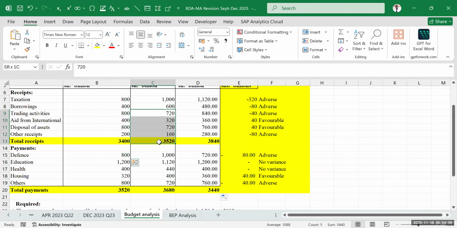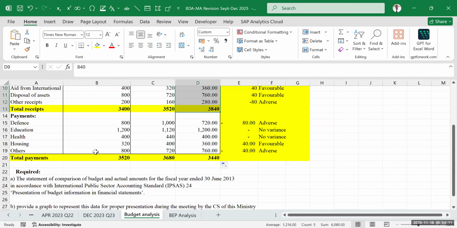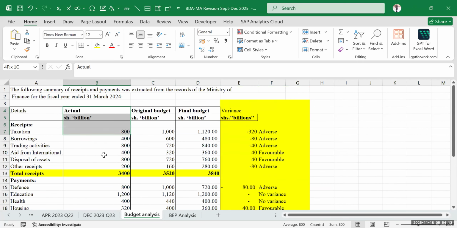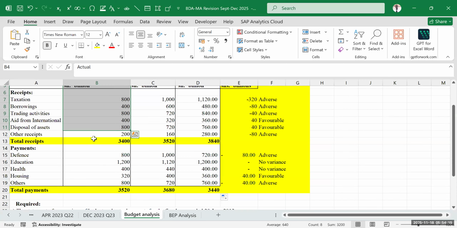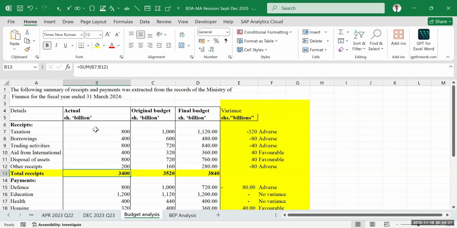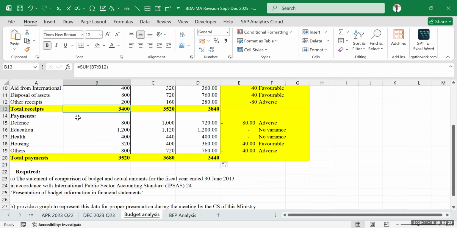But on each budget itself, we need to ask ourselves, under actual, the total that we have actually received is 3,400 billion. The total that we have actually spent is 3,520 billion.